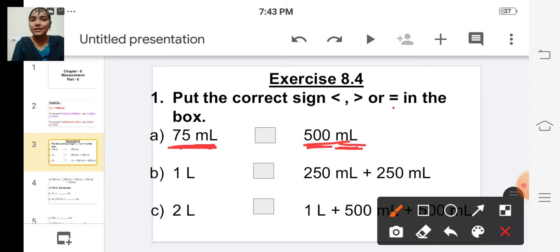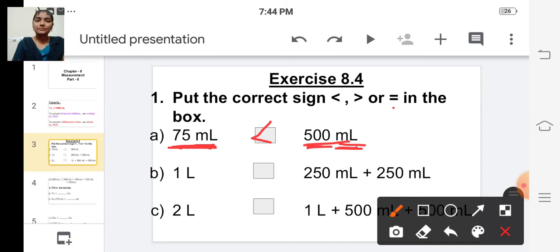So 75 milliliter is less than 500 milliliter. Have you all understood, children? So when you are going to compare two units, you have to first check both the units are same. If both the units are same, then you can directly compare. Otherwise, you have to convert that into same unit, and then only you can compare.